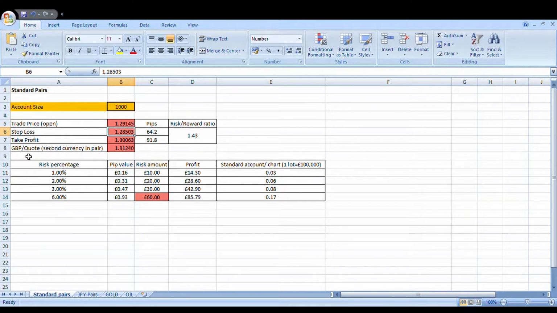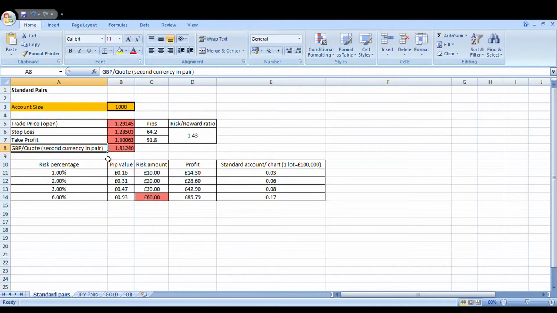So if your base currency is in GBP, is in sterling, then you will do the sterling quote. So the quote is the second currency in the currency pair. So for example, GBP USD, you'll put the price of GBP USD. Here you need to be careful with things like Euro GBP, as that's the other way around.